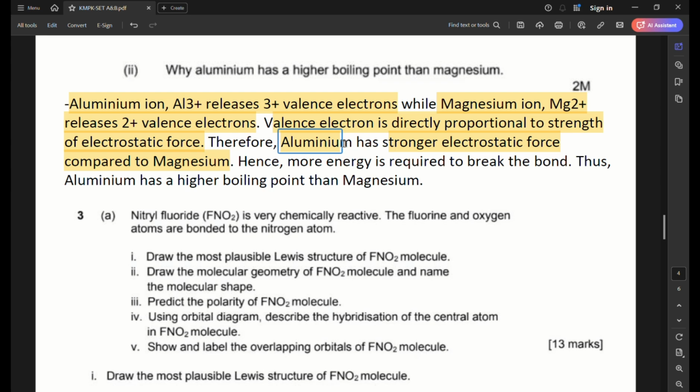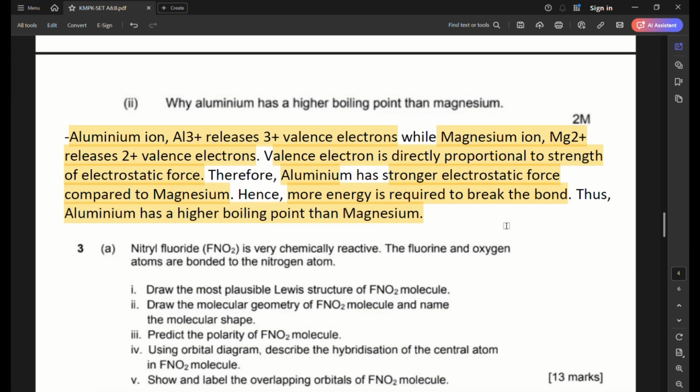So when there's more electrostatic force, it needs more energy to break the bond. Thus, aluminium has a higher boiling point than magnesium. Basically, the more electrons an atom releases, the stronger the electrostatic force.